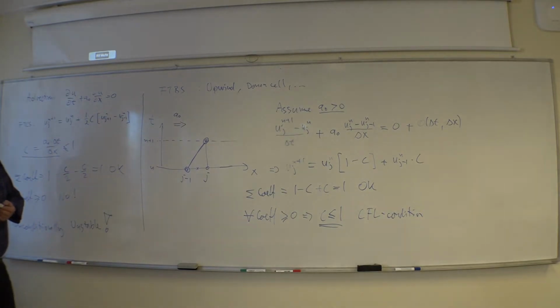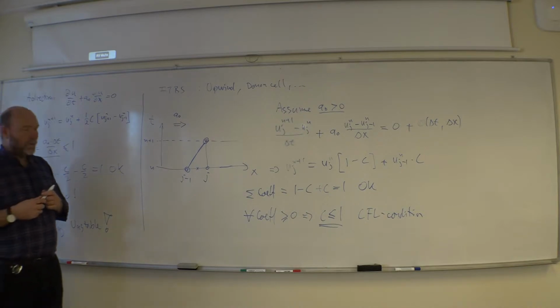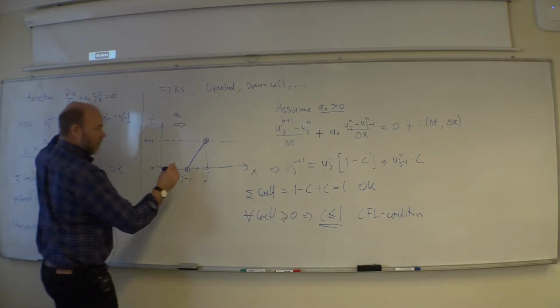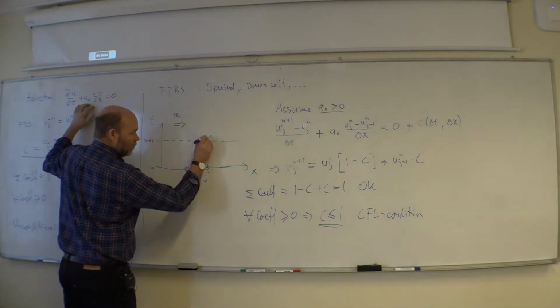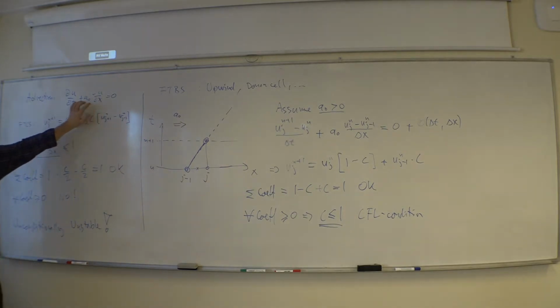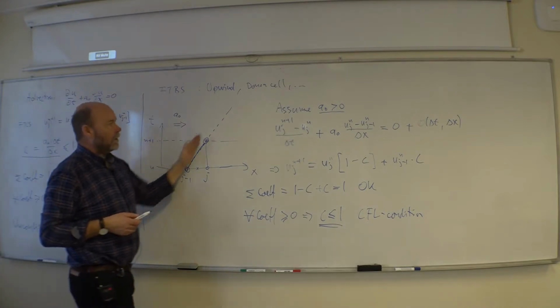But what you've done here then is actually solving the problem using hyperbolic techniques. You take your partial differential equation and you rewrite it in the direction of your characteristic curves. Then you will reduce a partial differential equation to an ordinary differential equation, and then you solve it along the characteristics.